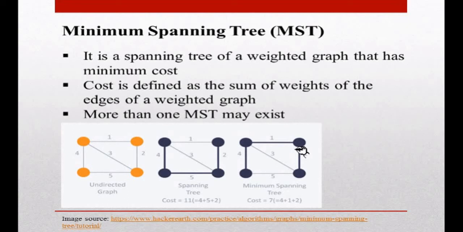Now the next thing is to understand what a minimum spanning tree is. We know a spanning tree is defined for a graph, but what is a minimum spanning tree? When we talk about a minimum spanning tree, we need to define a new attribute called weight, because so far we've discussed only graphs without any weights for edges. That means every edge is treated the same.